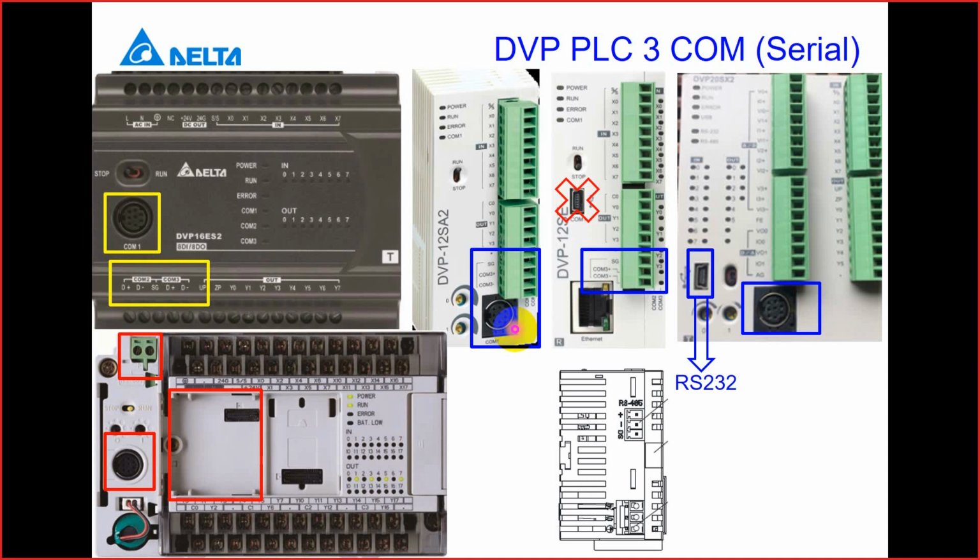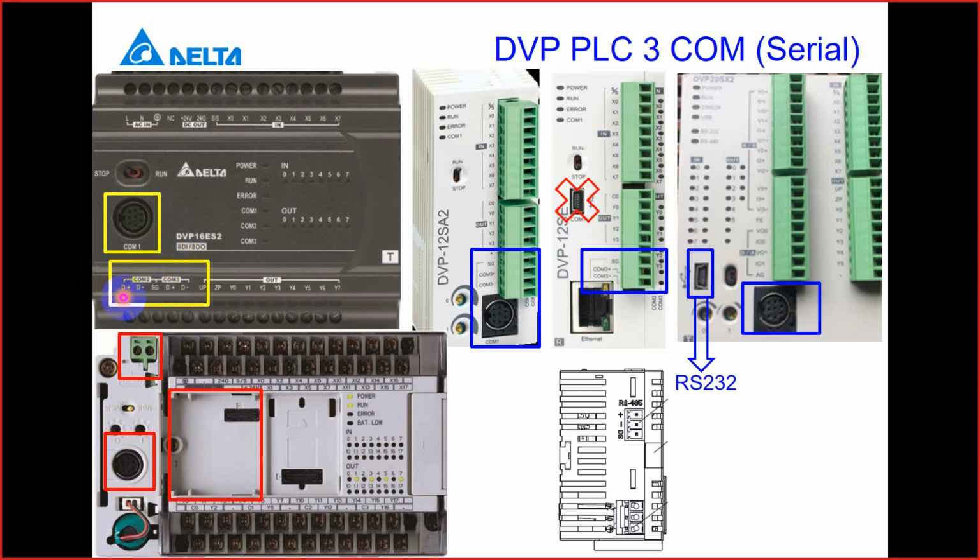Here we have a quick look at the 3 serial ports. This is ES2 or EX2. You can see this is common in Delta DVP PLCs, always an RS-232 interface.